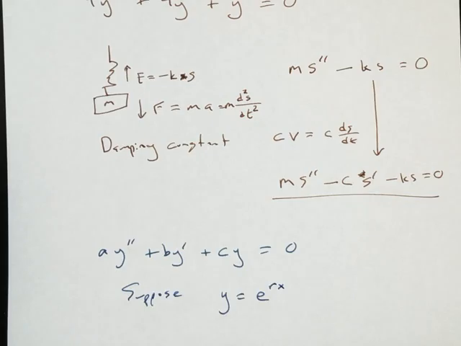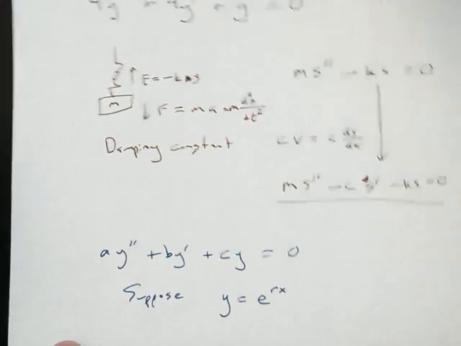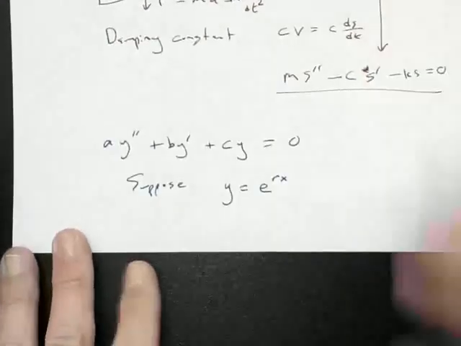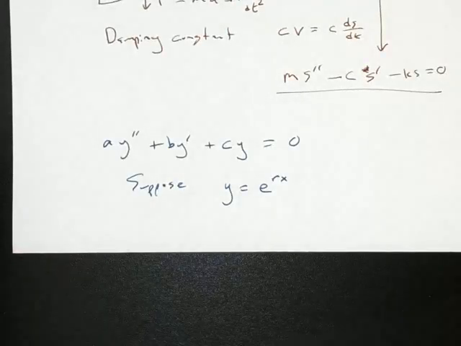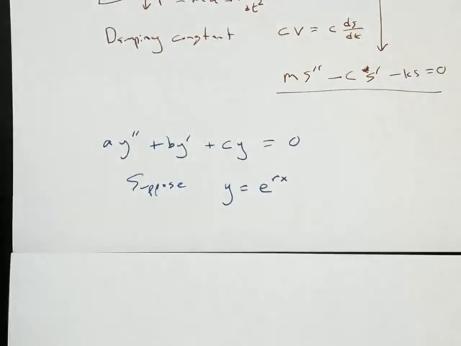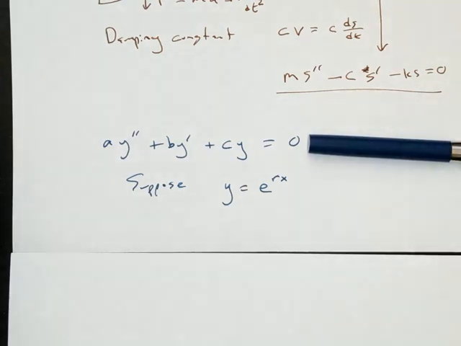that I have an equation that looks like e to the something x. We kept getting e to the x's, didn't we? When we did our first order differential equations, we did our integrating factor, we got e to the something. I'm going to try e to the x. Well, it might not just be 1x, it might be rx. Do me a favor. Take the first and the second derivative of that, plug it in to our equation. This one.